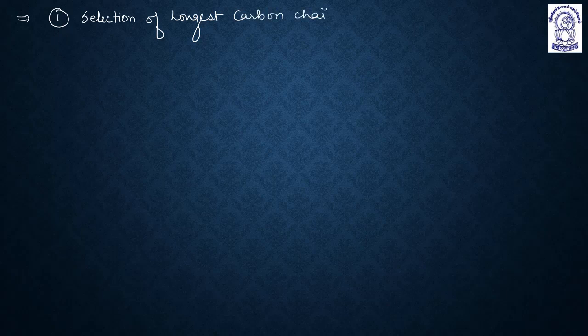If the carbon chain is having a functional group, then that functional group should be part of the longest carbon chain you have selected, means the parent hydrocarbon having functional group, or double bond, or triple bond, or the side chain.